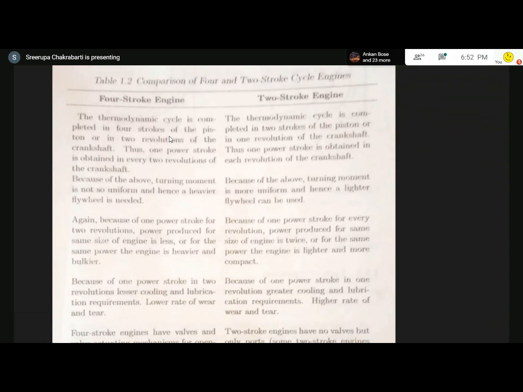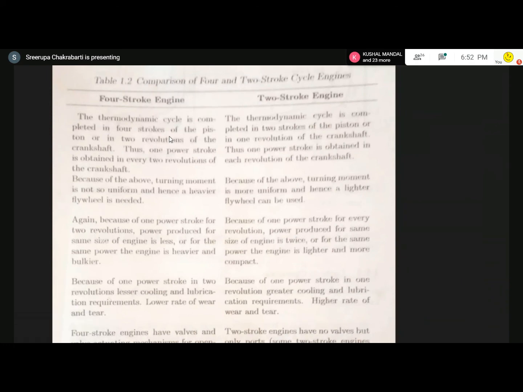If you remember the suction stroke, the compression stroke, the expansion stroke, and the exhaust stroke, out of that only the expansion stroke is power producing. Other strokes are power consuming. So the turning moment or the torque responsible for the rotation of the crankshaft will not be the same everywhere.